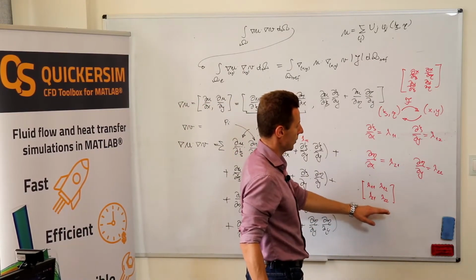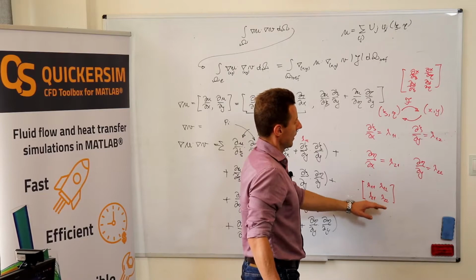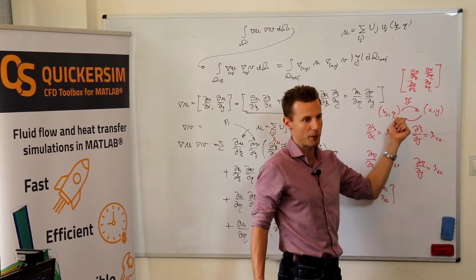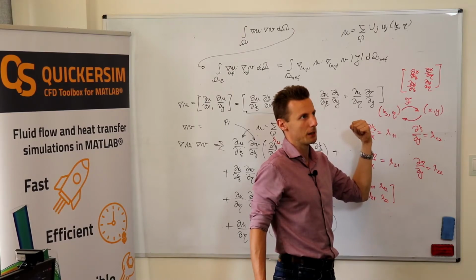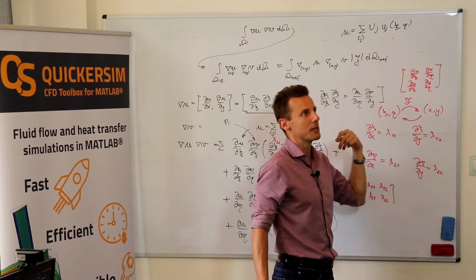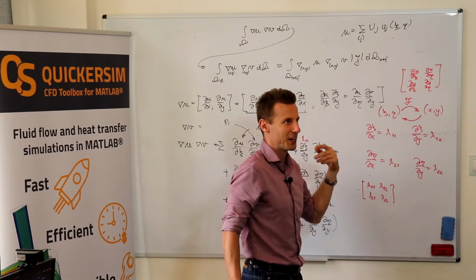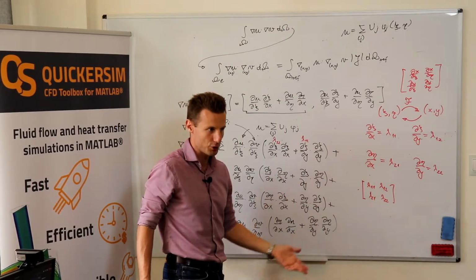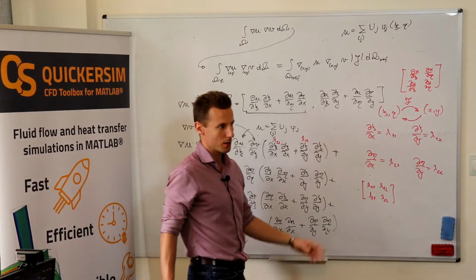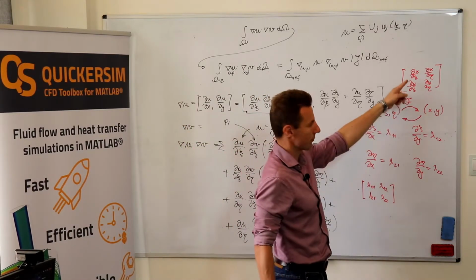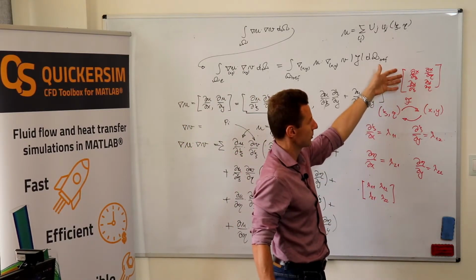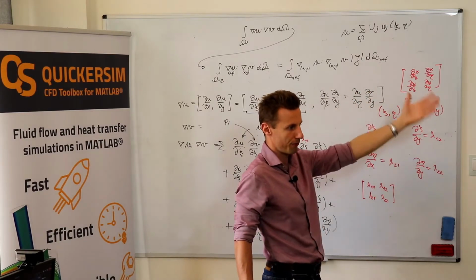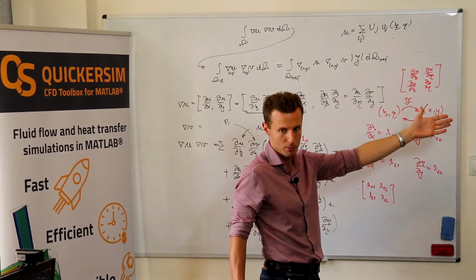But what you know is that the Jacobi matrix of the inverse transformation is the inverse of the Jacobi matrix of the original transformation. So you do what is easy for you. You use the geometrical transformation from the reference element to the physical element. It's easy to be done.